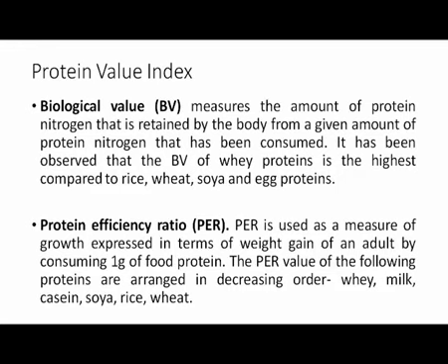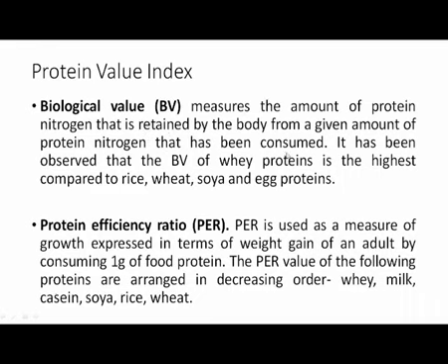It measures the amount of protein nitrogen that is retained by the body from a given amount of protein nitrogen that has been consumed. If you have a protein, because you have the structure of the protein, you know the amino acids of the protein, you can know how much nitrogen is present there.